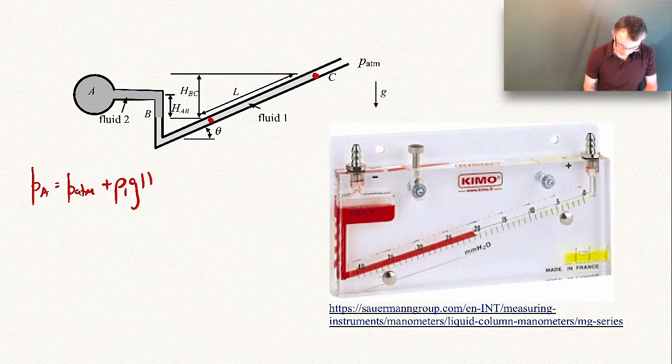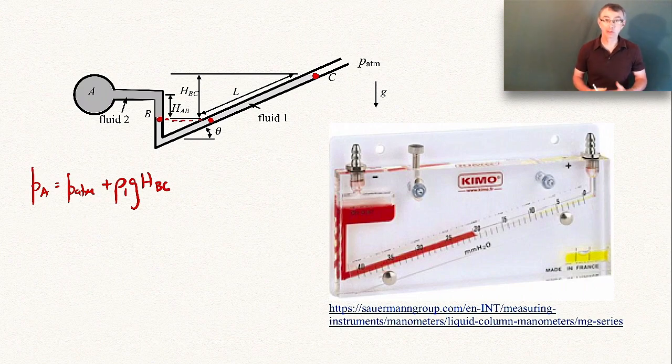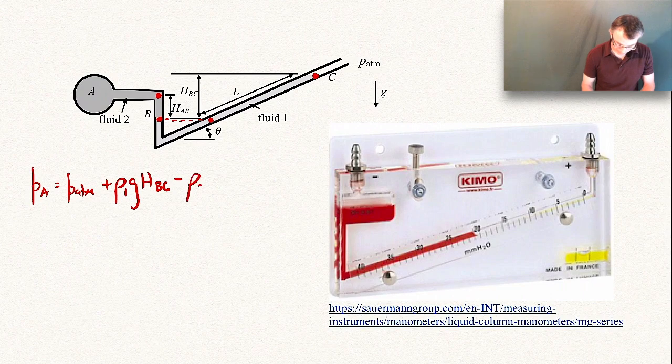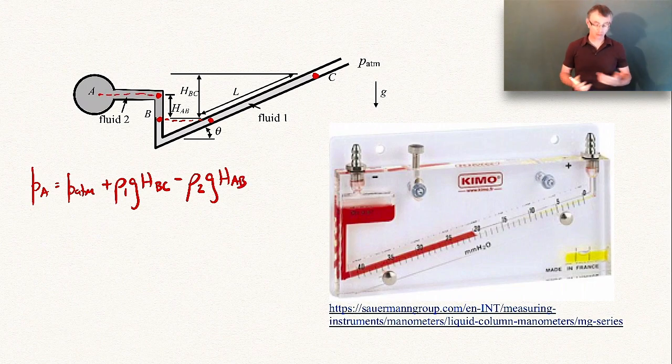We move down a distance of HBC. Well, that's the same pressure at B because we can move horizontally in the same fluid and it'll be the same pressure. And then if we move upward to this point, we'll be subtracting out the density of fluid 2 times G times HAB. And then that point is the same elevation as point A, so we now have our pressure at A again. It looks exactly the same as the other U-tube manometer analysis. It's just now that we have an inclined tube.